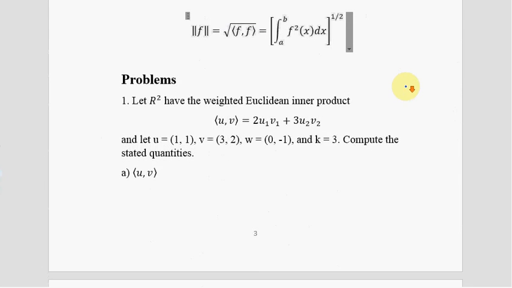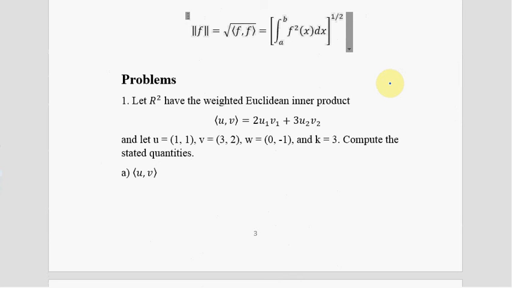Now, let R2, the space of all two-tuple vectors, have a weighted Euclidean inner product. So basically, they just put weights to the so-called standard inner product. The weights is 2 times u sub 1 times v sub 1, and then plus 3 times u sub 2 times v sub 2.